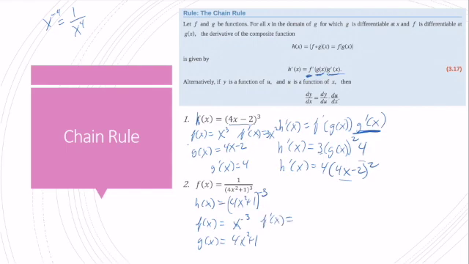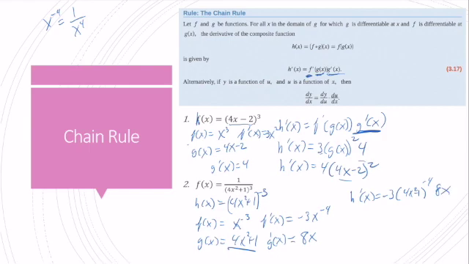So f prime of x becomes negative 3x to the negative 4th, and g prime of x becomes 8x, because we take 2 times 4, keep the x, and then that constant goes away to 0. So now my derivative of h of x is going to be negative 3 to the negative 4th of g of x times the derivative of g of x, which is 8x.